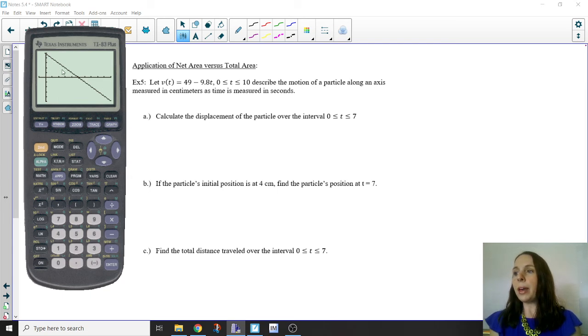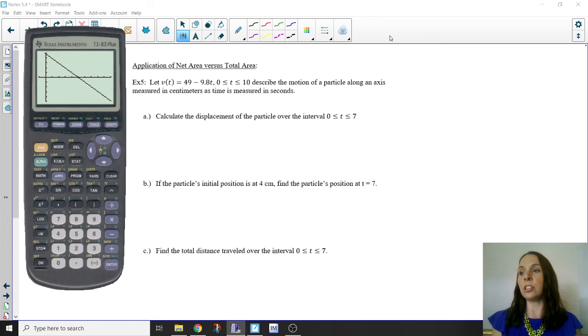Okay, we know that area between the velocity graph and the x-axis gives us distance traveled, right? But what about factoring in negatives? What does that all do? Well, remember, displacement is when we factor in negative motion into how far the particle has moved. So the displacement would be like your net area.